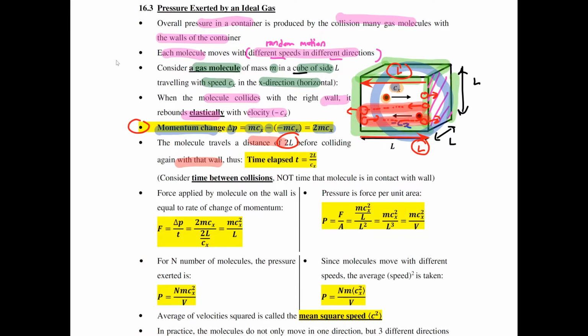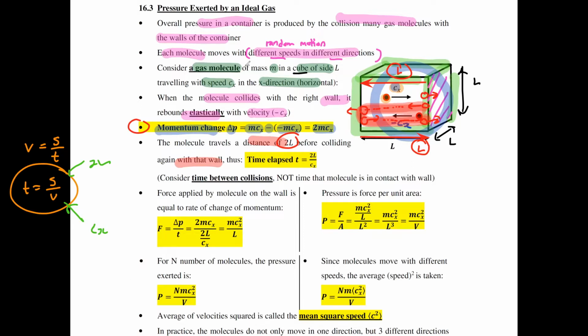So you will use this equation from your kinematics last time. Remember that velocity is distance over time. So that time is actually distance over velocity. So you're trying to find out the time between collision, or rather the elapsed time t, you need to find out the total distance moved, which in your case is 2L, and your velocity that you're moving with, which in your case is cx.